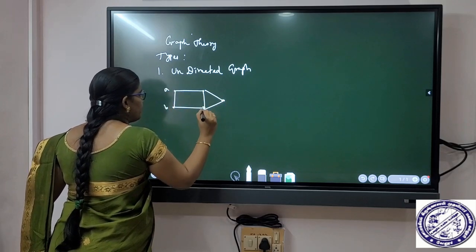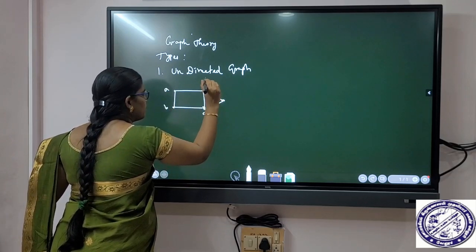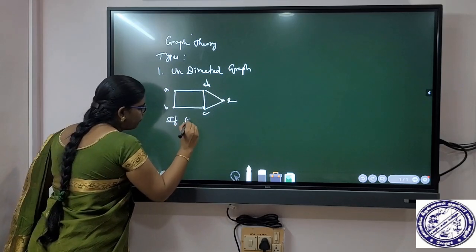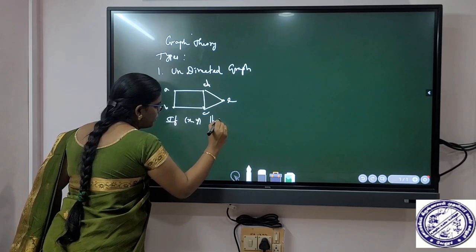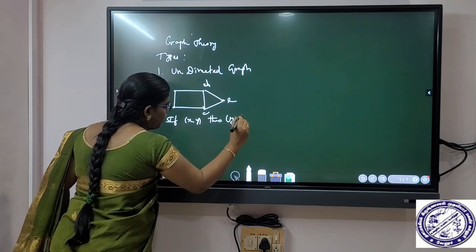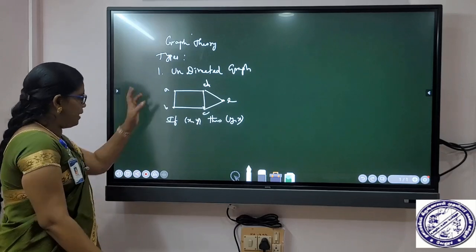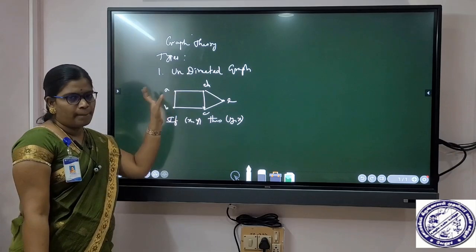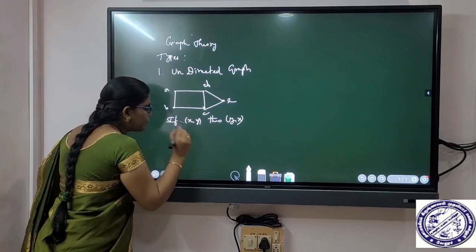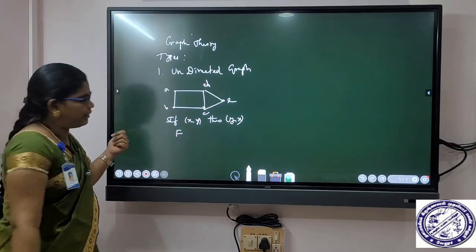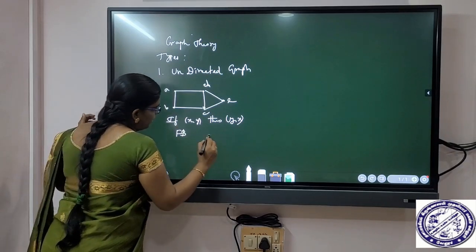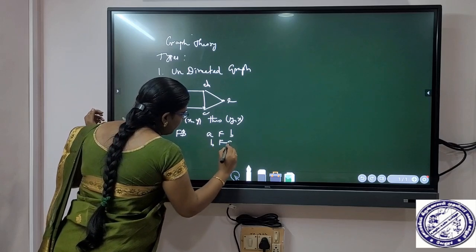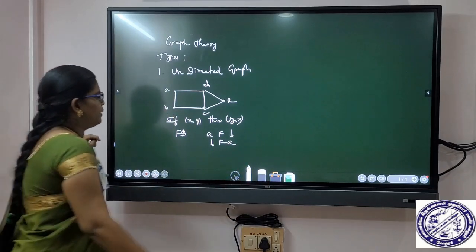The vertices are A, B, C, D and E. The basic condition is if (x, y), then (y, x). That is, in an undirected graph, if there exists an edge between A and B, then there exists an edge between B and A. Facebook friendship is the best example of an undirected graph. In Facebook, if A is a friend of B, then B is also a friend of A. So this is an undirected graph.